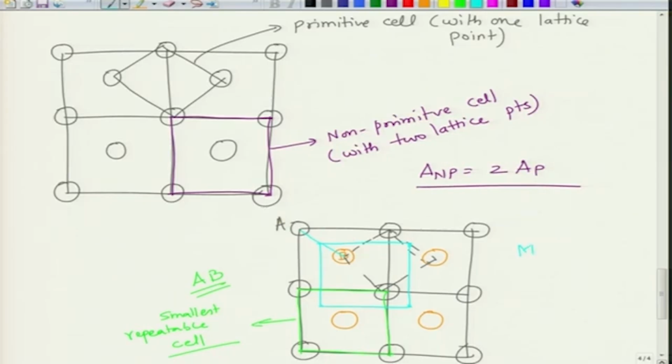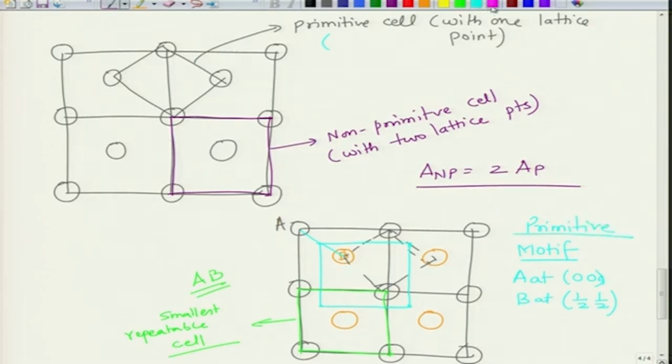So, motif in this case is A at, for the sake of simplicity you put the corner on one of the atoms. So, A at 0 0 and B at half half, whereas in this case the motif would be, for this cell it would be primitive and this would be a primitive cell, okay.